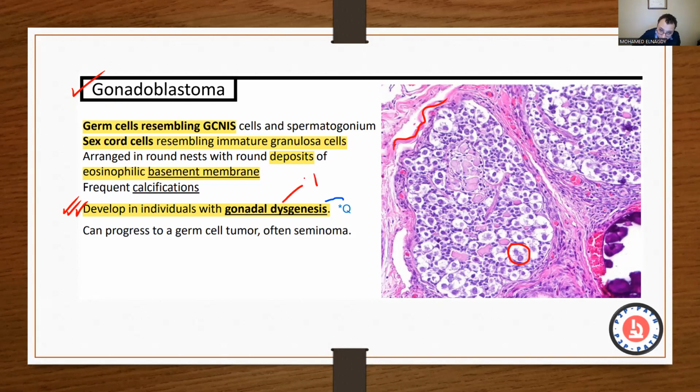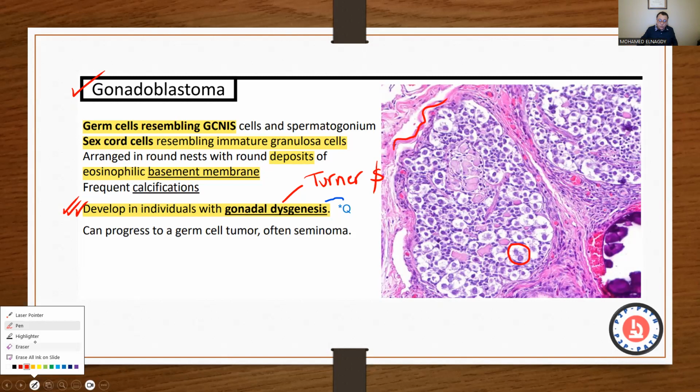Gonadal dysgenesis happens in something like Turner syndrome. There is a Turner syndrome patient having this gonadal dysgenesis with streak ovaries, or let's say you have a male with Klinefelter. Turner syndrome is more common in females, though. But I'm telling you what I mean.